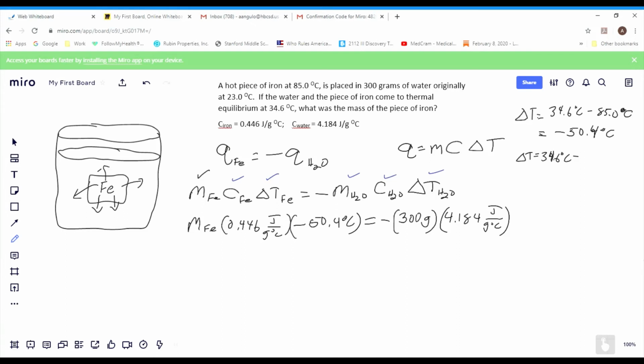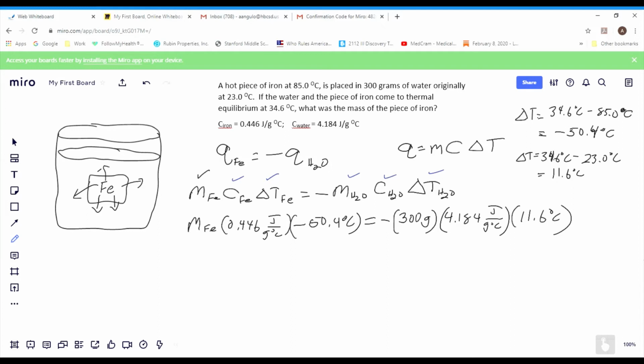Then you subtract the temperature you start off at, 23.0 degrees Celsius. 34.6 minus 23 is 11.6 degrees Celsius. So it went up positive 11.6 degrees Celsius, so we can put it in as just a regular 11.6 degrees Celsius. And now we have an equation with just one unknown, right?